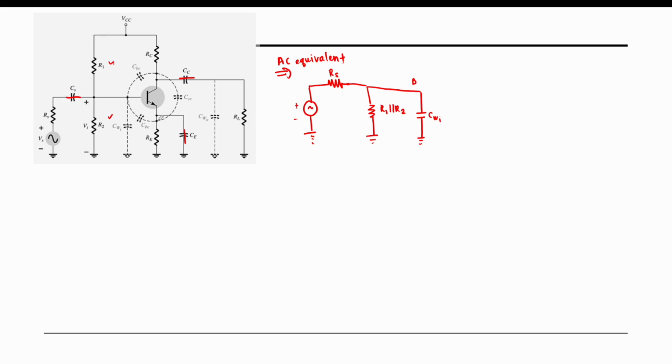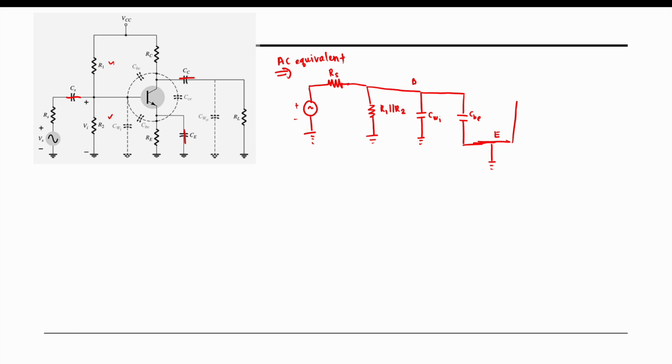And then between the base and the emitter, we have CBE. Then it goes to the emitter, and after the emitter it will go to the collector.